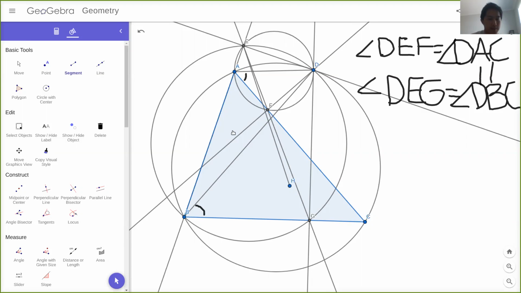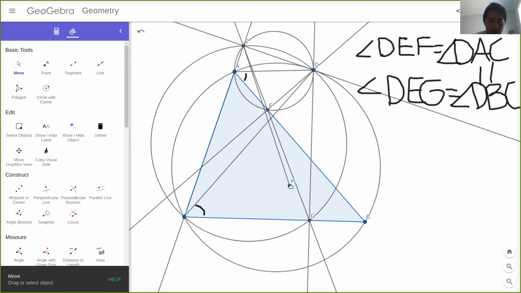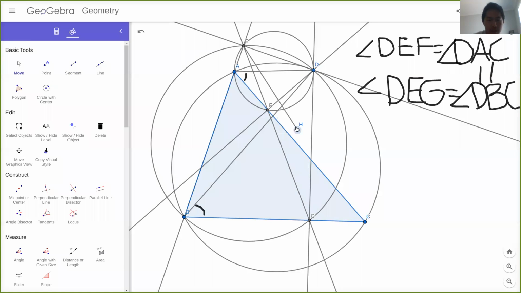So E, F, and G don't lie on the same line. And if H was somewhere like here, then DEH would be smaller than angle DEF. So they don't lie on the same line. So that's why, to show that E, F, and G lie on the same line, all we have to show is that DEF equals DEG.